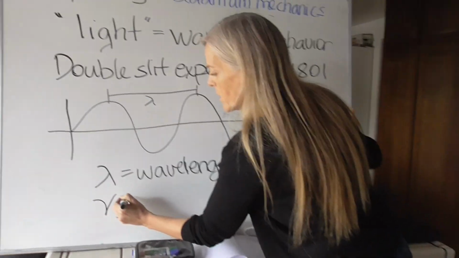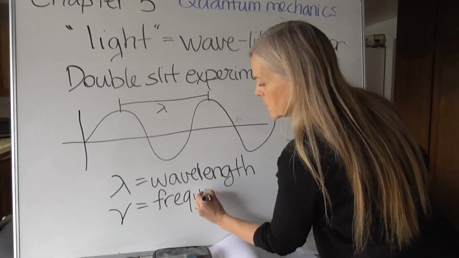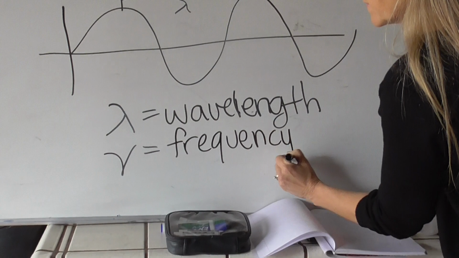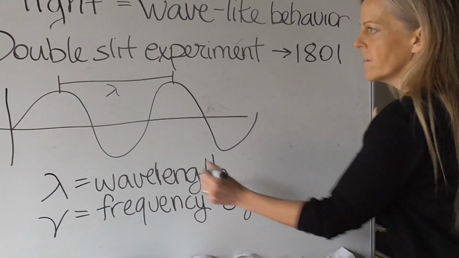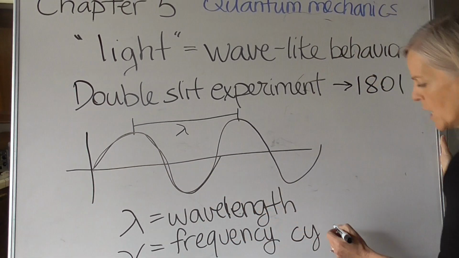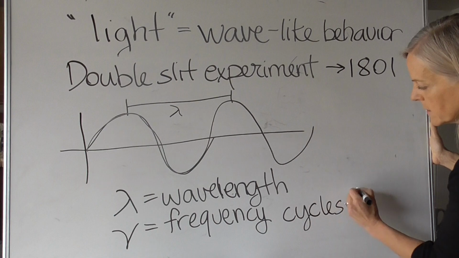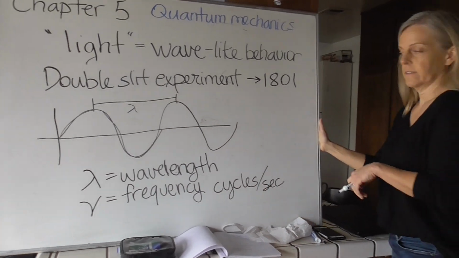We have frequency. And the frequency is the number of these cycles. So this is one cycle. How many cycles that wave goes through per second.